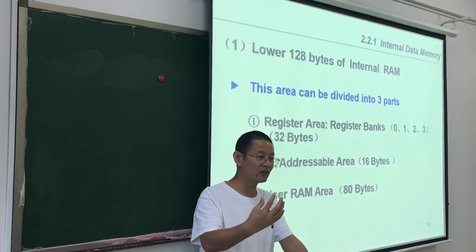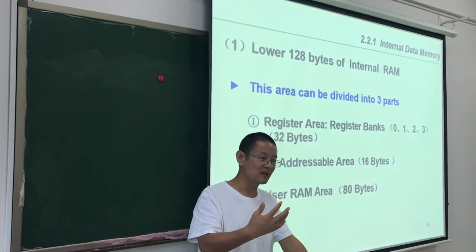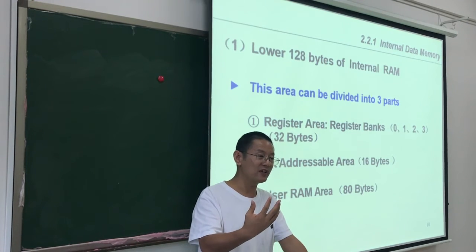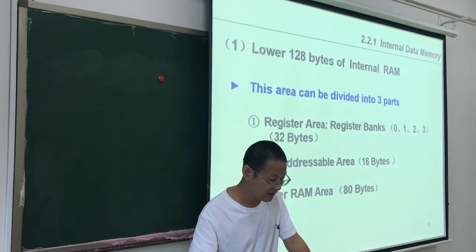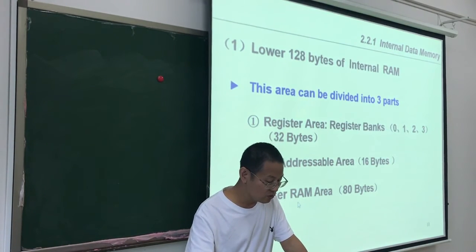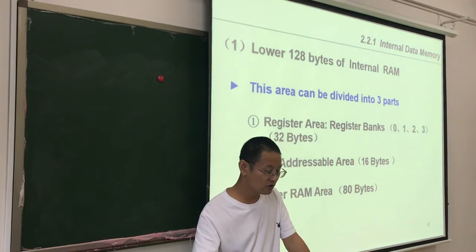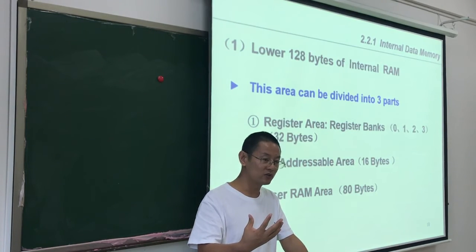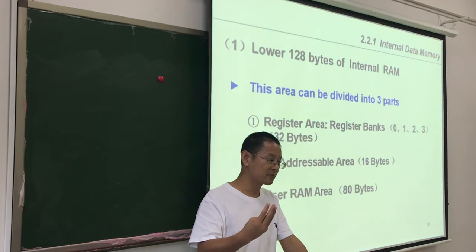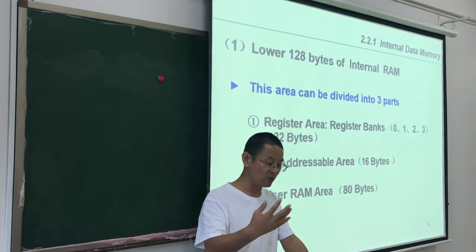Sometimes we can only access bytes. If you want to access a bit, you must use the bit addressable area. The user can use the user RAM area to store temporary data when the program is running.